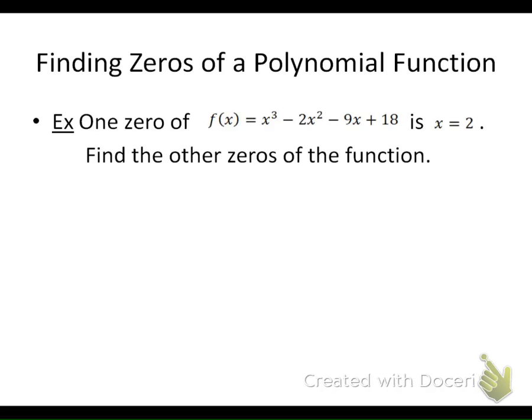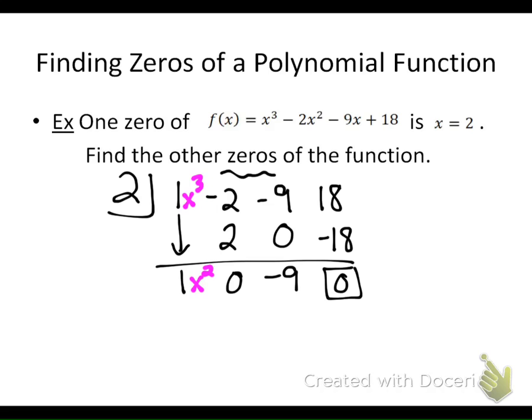When examples say find the other zeros of a function, you're finding numbers that'll give you a 0 as a remainder, or an x-intercept also. If we know 2 is a 0, we can use synthetic division to figure out possibly the other zeros. The resulting quotient would be x squared minus 9 since the linear term is out.